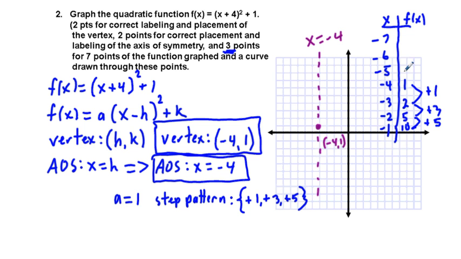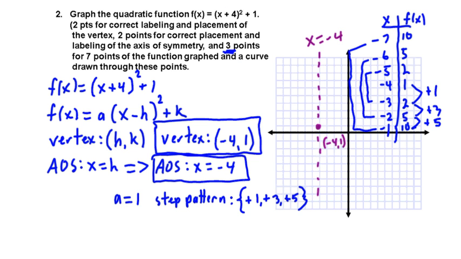On the opposite side, we have the same numbers. This 2 becomes 2 for an input of -5, this 5 becomes 5 for an input of -6, and finally this 10 becomes 10 for an input of -7.